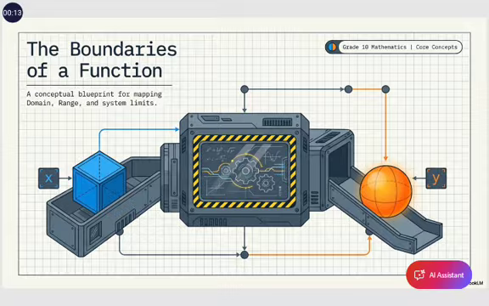Today we'll continue with our lessons on functions. This lesson is lesson number 3, functions. Our objectives are domain and range.